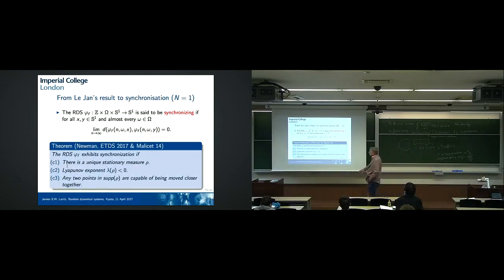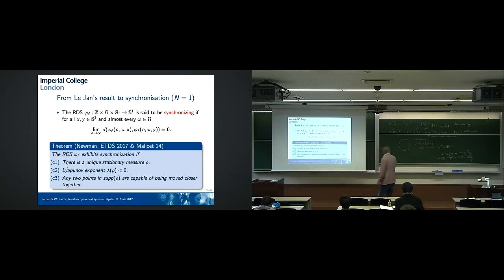So what do we need for synchronization? We need a unique stationary measure, we need the Lyapunov exponent negative, and we need another property, that two points are capable of being moved close together. You must make sure that for every two points, if I start with two points in my system, they have the possibility, with positive probability, to come as close to each other as we like.